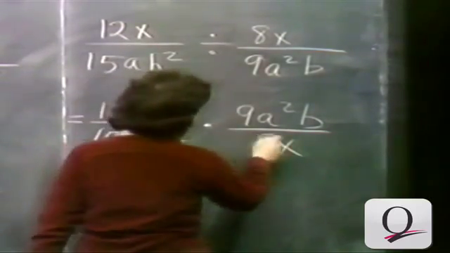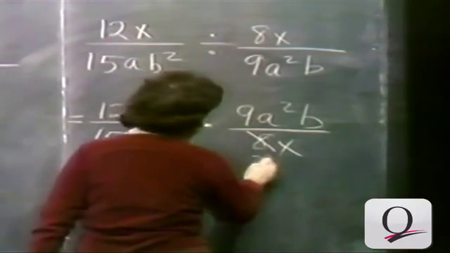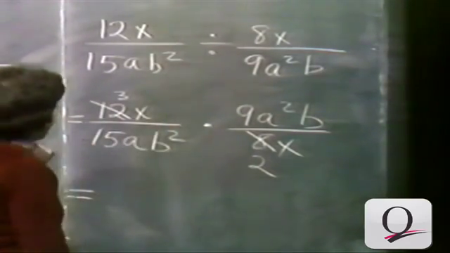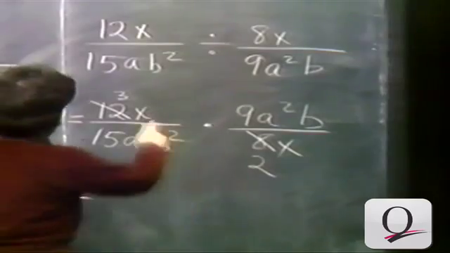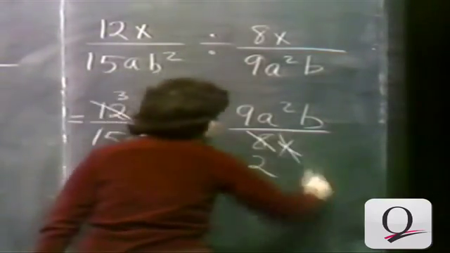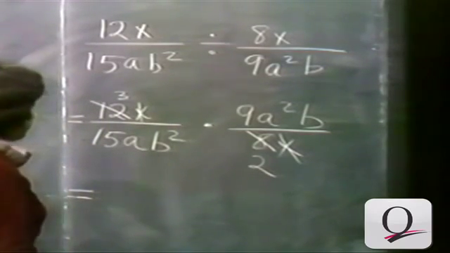So we can divide the 8 by 4, giving you 2. Divide the 12 by 4, giving 3. Okay, then I see an x in common here and here. We can divide top and bottom by x, leaving you just 1, of course, there in top and bottom.